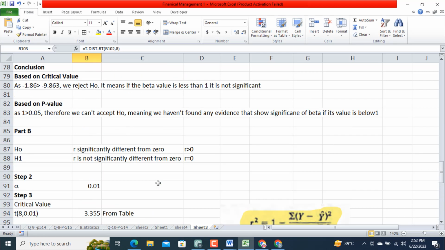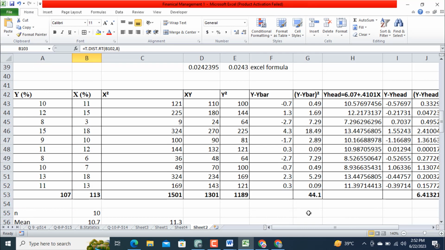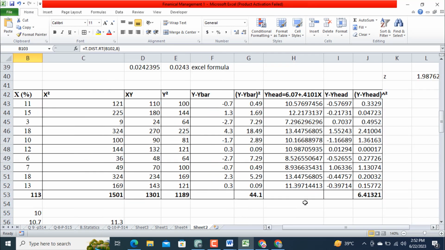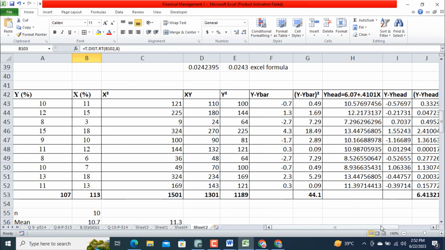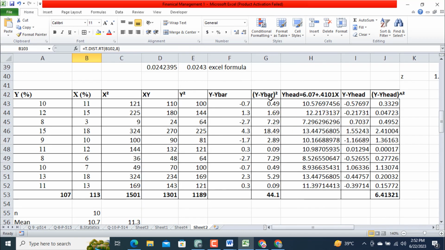So let's move to our table. What we needed was, first we will determine y minus y bar. Let me scroll to bring the upper portion of the table in front of you, so I am going to resize column C. So minus 0.7.